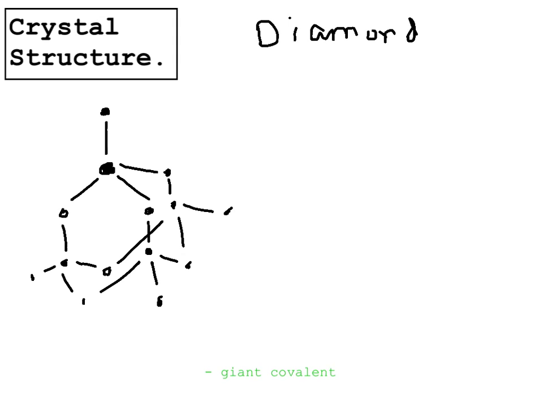So that's my attempt at drawing diamond. Obviously this arrangement carries on forever in all directions. So diamond is made up of carbon atoms that are each joined covalently to another 4.